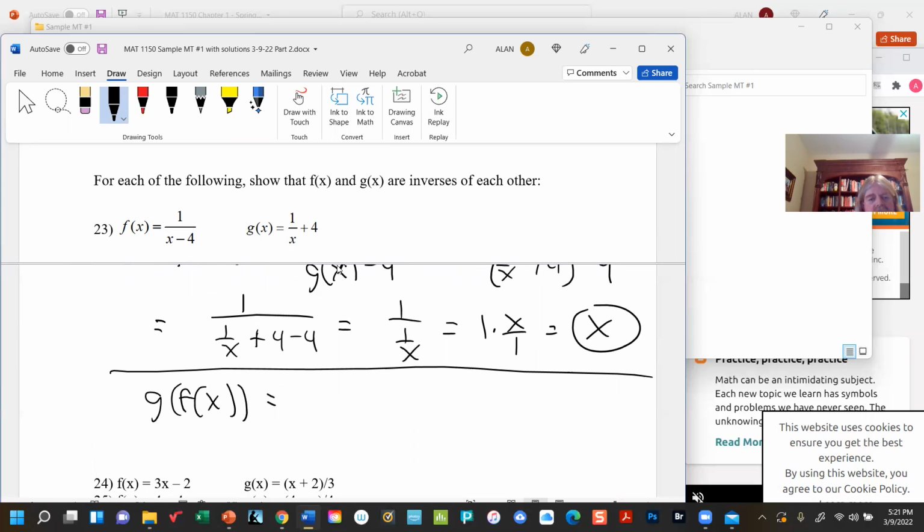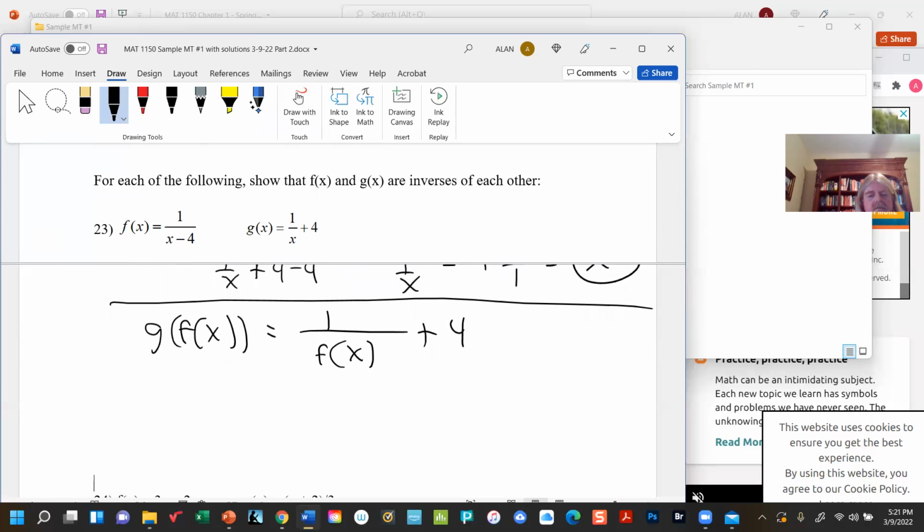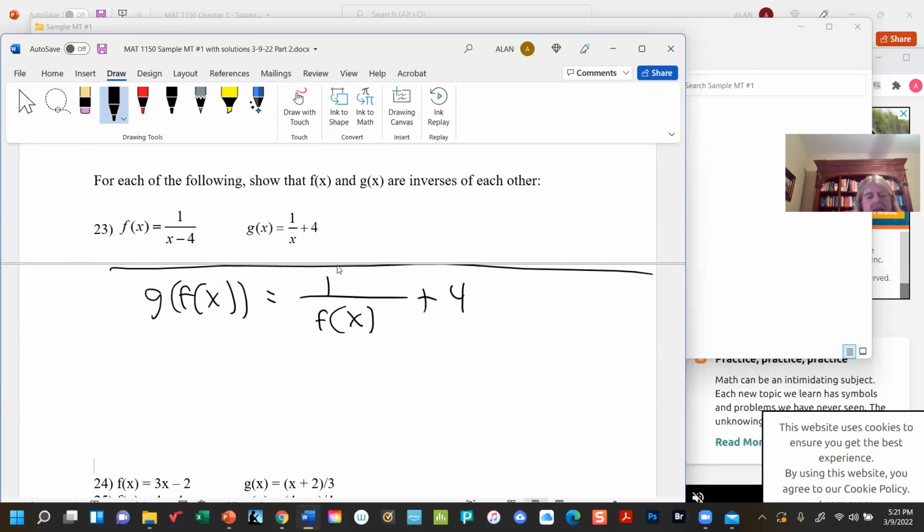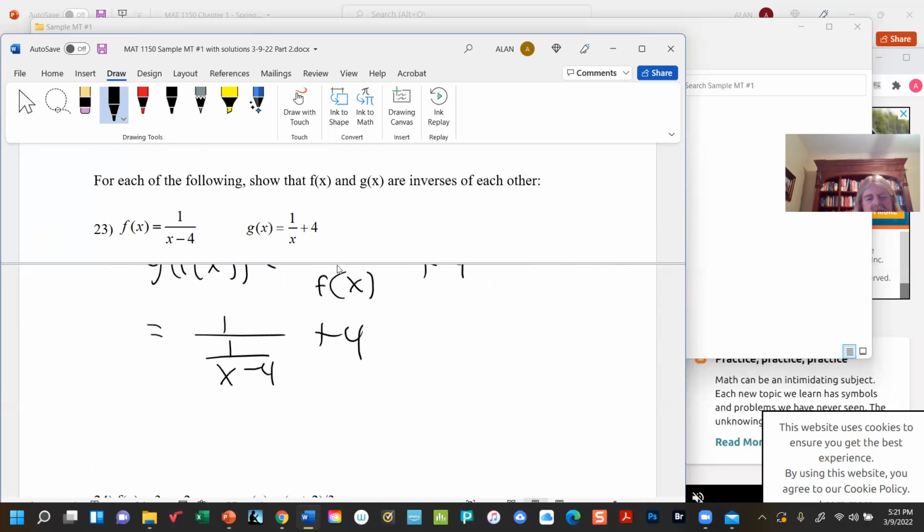Now we got to try g of f of x and see if it also works. So that means you're going to have 1 over f of x plus 4. And that will leave us with 1 over 1 over x minus 4, plus 4. But 1 over 1 over x minus 4 is the same thing as 1 times x minus 4 over 1.